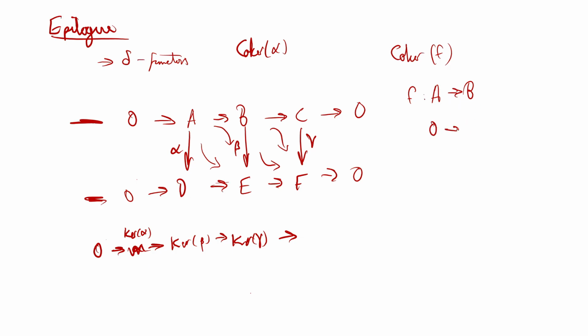So you actually have 0, image of f into B, into co-kernel of f, into 0. This is an exact sequence, a short exact sequence as well.